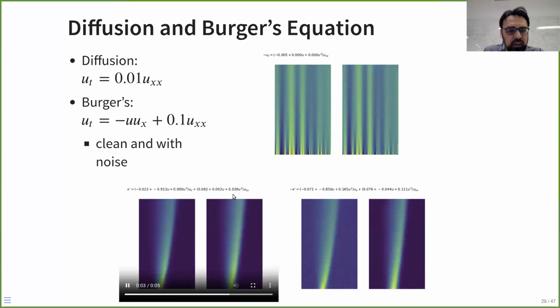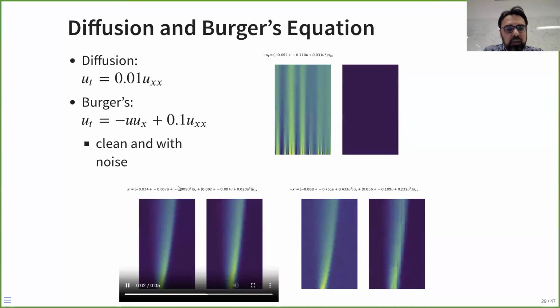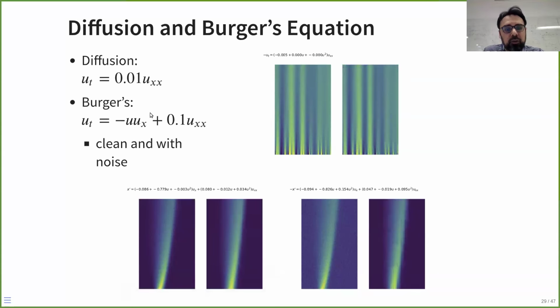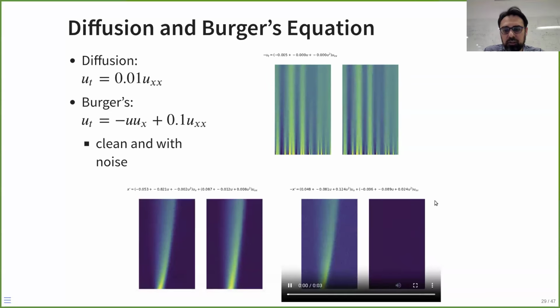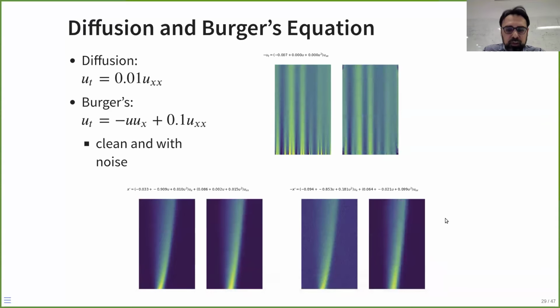This is not the full one that I used in the paper, but a simpler setting in which I use fewer basis functions for diffusion and Burgers' equations. I use 3 terms for each of the first derivative and second derivative terms. And you can do discovery in noisy settings as well, with some error, of course.